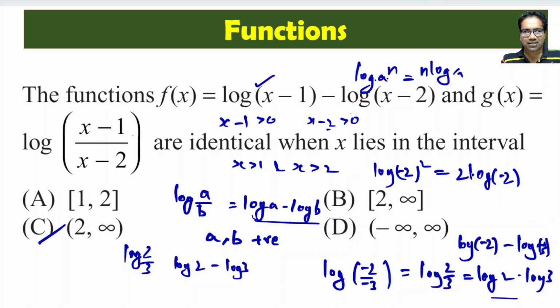We can say log of (minus 2) whole square, which means log of 4, which also means log of 2 square, which is equal to 2 log 2. So log of (minus 2) whole square, we can write as 2 log 2, but we can never write it as 2 log of minus 2.